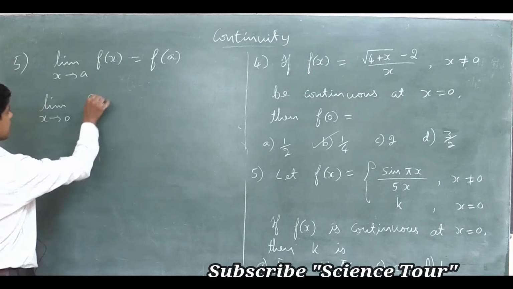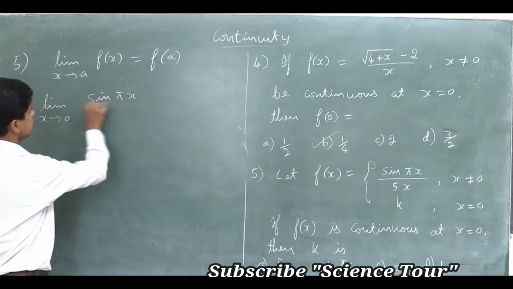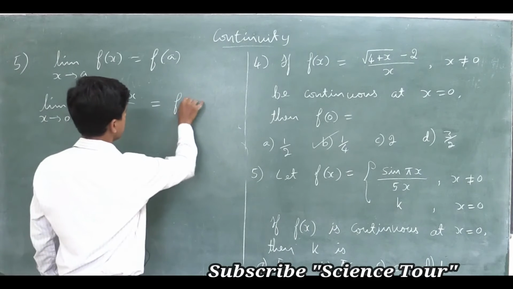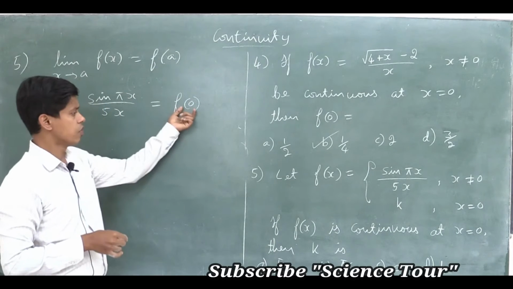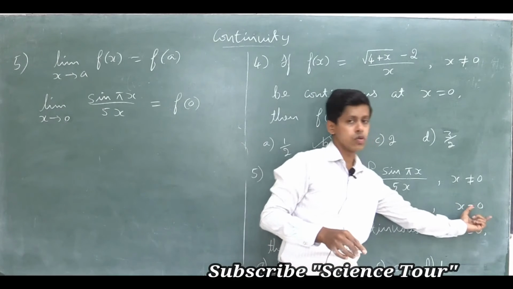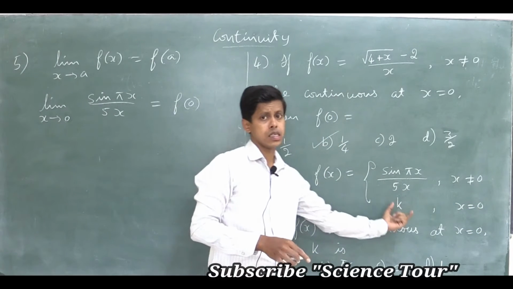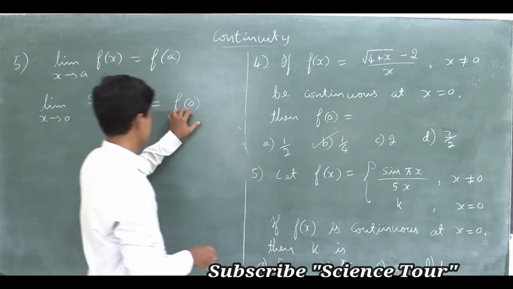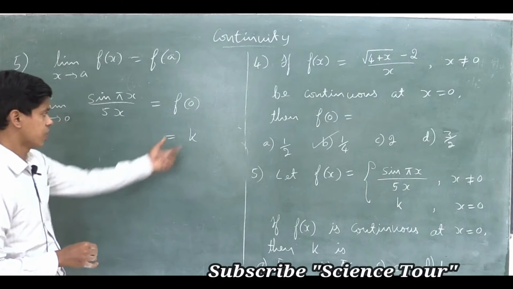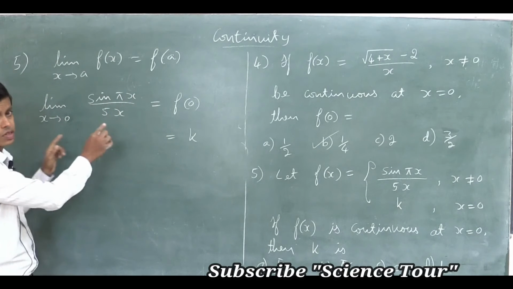So that is sine pi x divided by 5x, and that is equal to f of 0. And what is f of 0? f of 0 is k, because at x is equal to 0, f of x is equal to k. Therefore, f of 0 is k here, and to find the value of k we have to solve this limit.